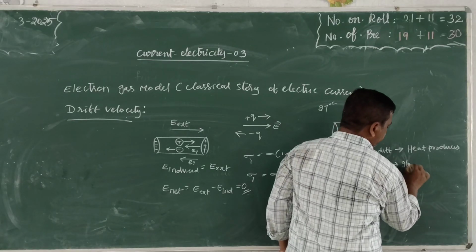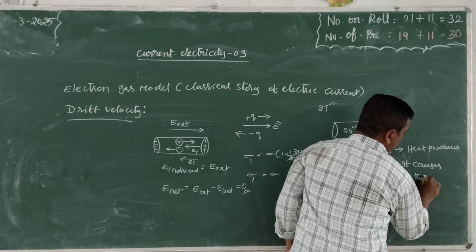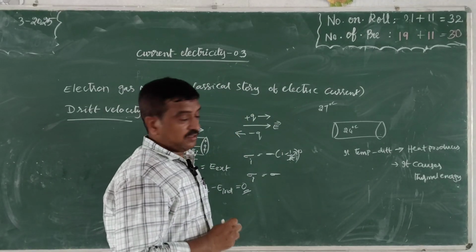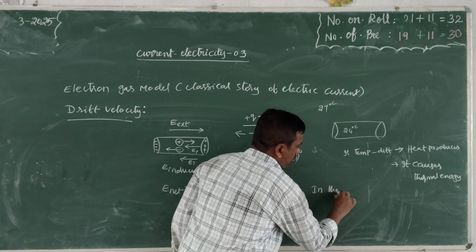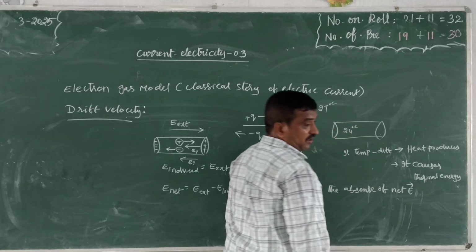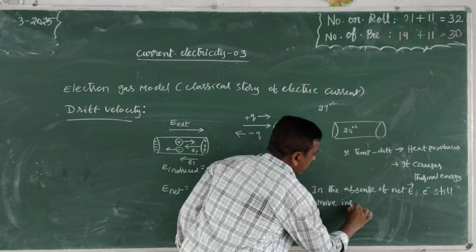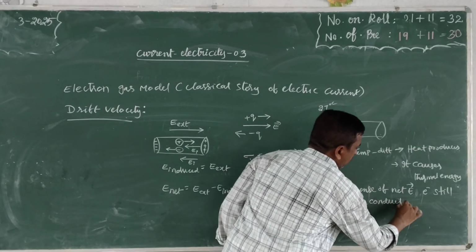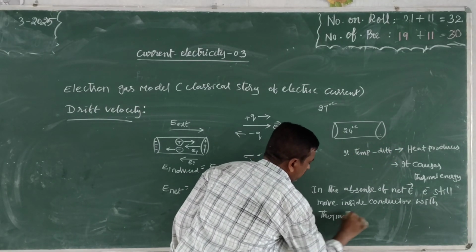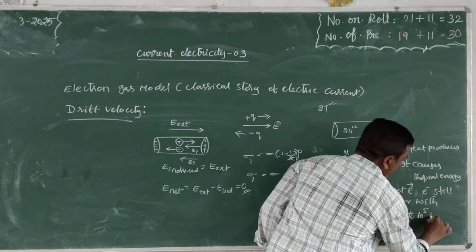It causes thermal energy. Because of this thermal energy, in the absence of a net electric field, electrons still move inside the conductor with thermal velocity, that is 10 power 4 to 10 power 5 meter per second.